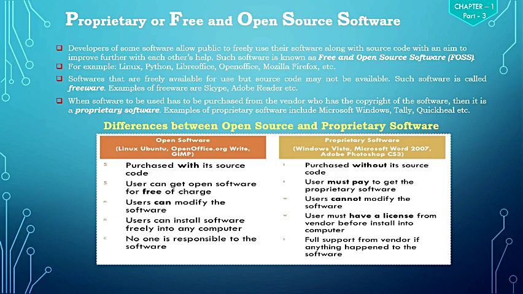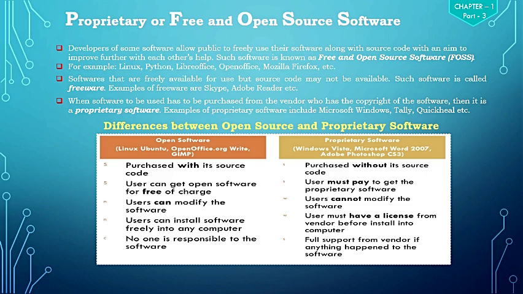These are examples of open source software. Then proprietary software includes Windows, all the versions of Windows, like Windows Vista, Windows 7, Windows XP, Windows 10, etc. Similarly, Microsoft Office 2007, 2010, 2016, all the versions. Similarly, Adobe Photoshop CS3, CS5, all the versions.